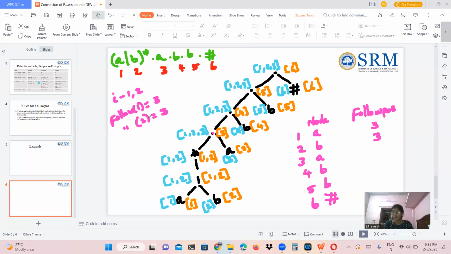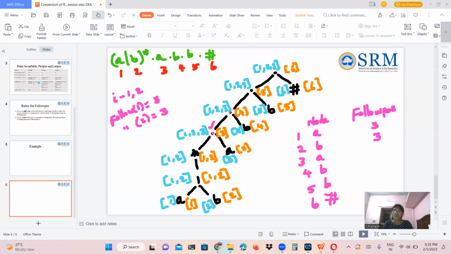Now you have to fill follow of 1 and follow of 2 with the first position of the right child, which is 3. So now I'm going to fill this 3 into follow of 1 and follow of 2. Like that, now this is over.